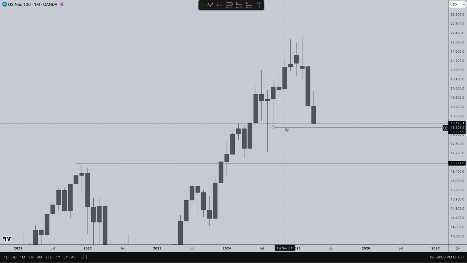If we sweep lows or highs, that's a place where people take profit and price can reverse. So if people are selling this right now, most people are going to take some type of partial or profit right there. So that's going to cause price to maybe reverse. So this is an area where I would look for buys next. And if it goes lower, then we have more here, right?